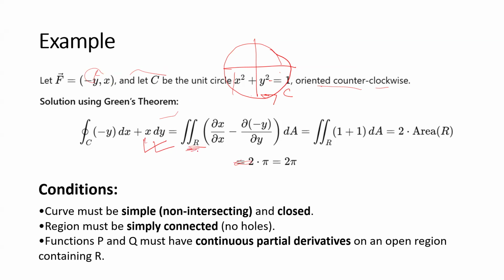By converting into a double integral, we get the double integral of (del Q by del x minus del P by del y) dA. Putting in the values and after calculation, we get 2 times the area, so it is 2 pi.